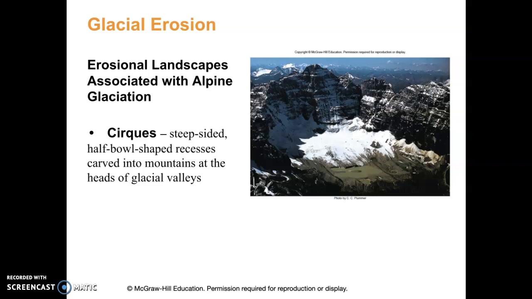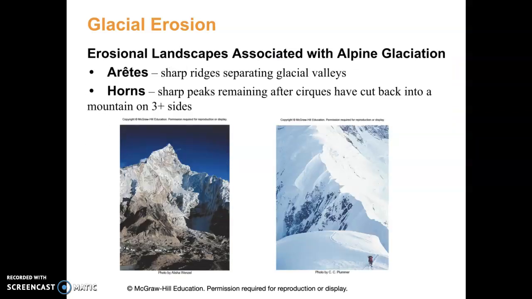It's the head of the glacial valley. You'll see these in the Sierra Nevada and any major mountain range. And then an arête is the sharp edge that separates two glacial valleys, so on either side of a cirque. And then if you happen to have three or more cirques around the top of a mountain, you will end up with a horn.